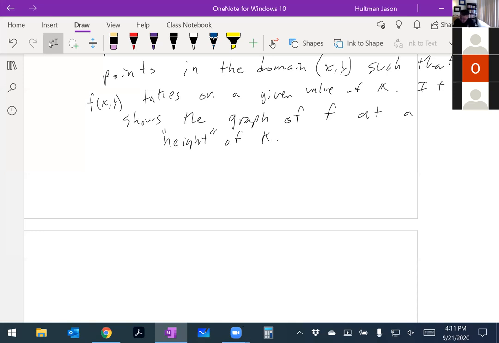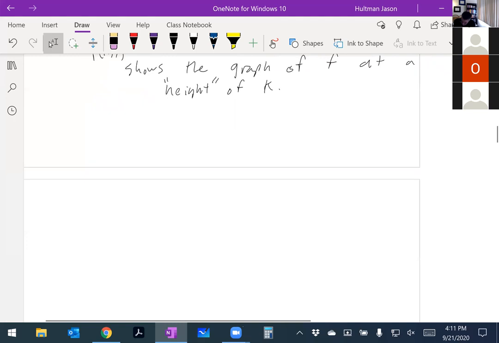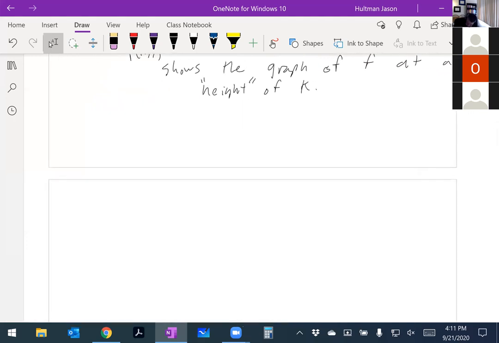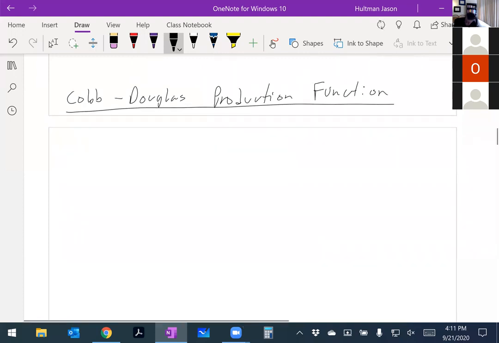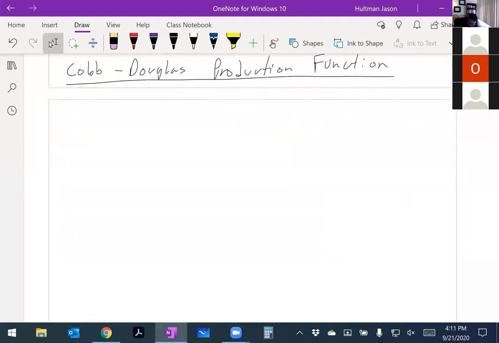This is called the Cobb-Douglas production function. That rhymes. Cobb-Douglas production function. Conjunction, junction, what's your function? So the function P with respect to L and C.